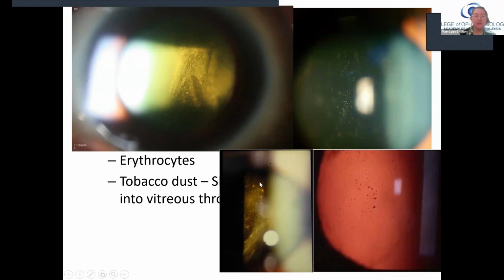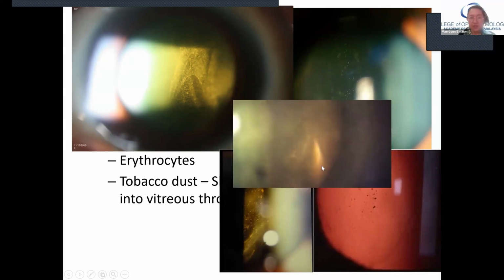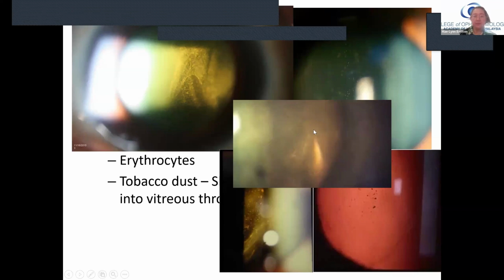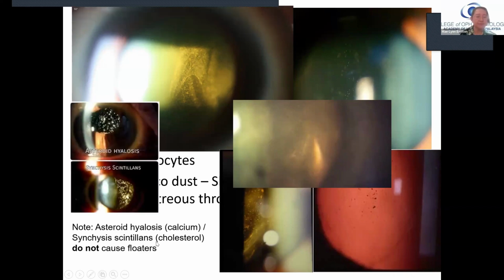So tobacco dusting could indicate there is a tear. And of course, we can also have erythrocytes, which tend to be smaller and can be very dense in their arrangement in the posterior vitreous.